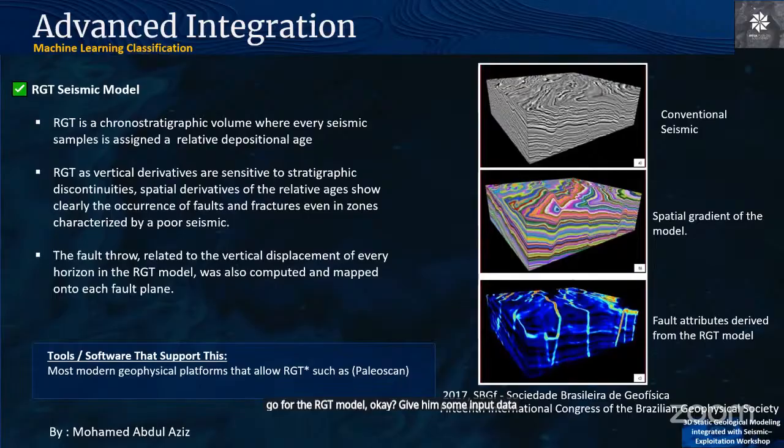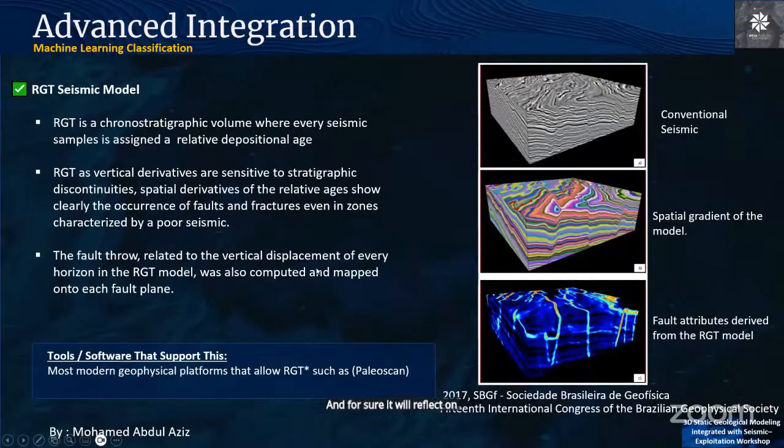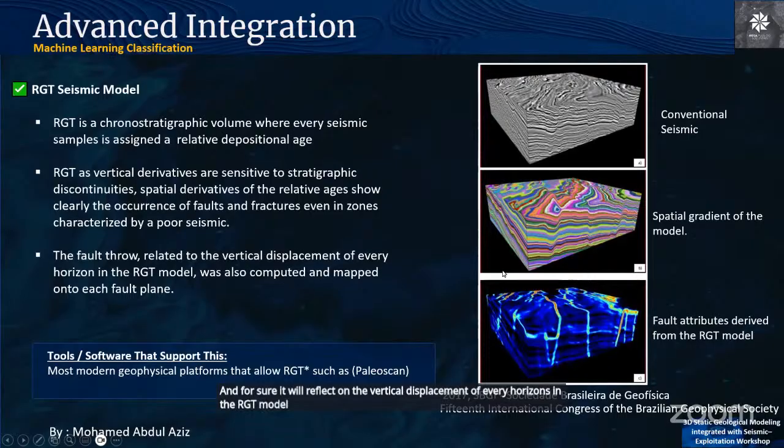So it will give you the spatial gradient of the model. It will give you the chronostratigraphic interpretations, okay? It's respecting the stratigraphic discontinuities, and for sure it will reflect on the vertical displacement of every horizon in the RGT model. It will also compute it, even if you are working on poor seismic data.